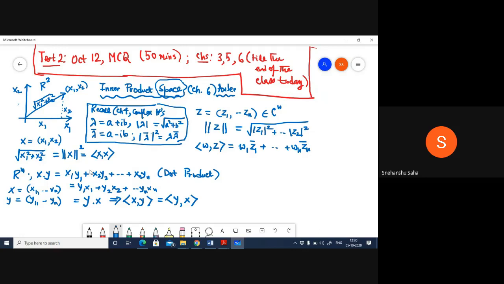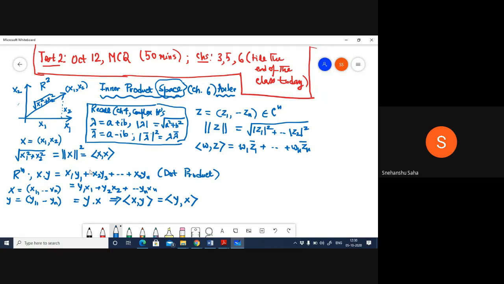In general, you take the inner product of two vectors. What are you outputting? You're actually outputting a number, a scalar. So we can think of an inner product on a vector space as a function that takes an ordered pair of elements from the vector space and maps it to a number.